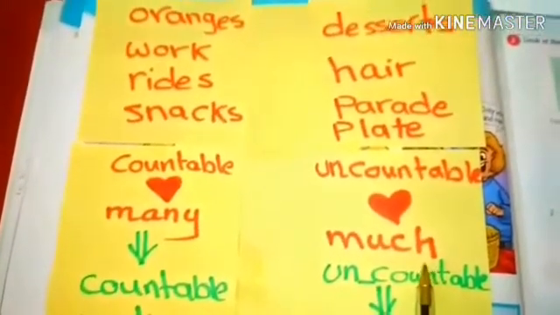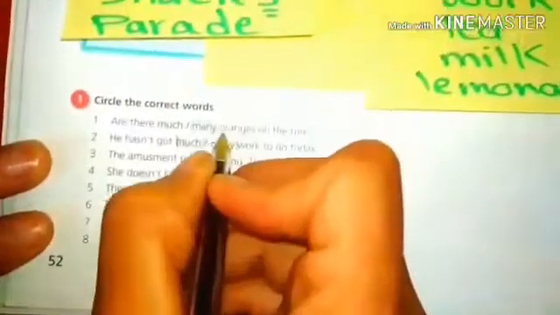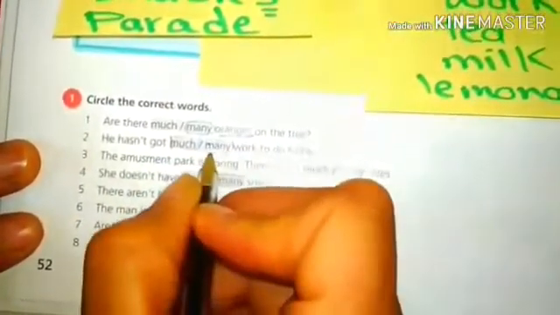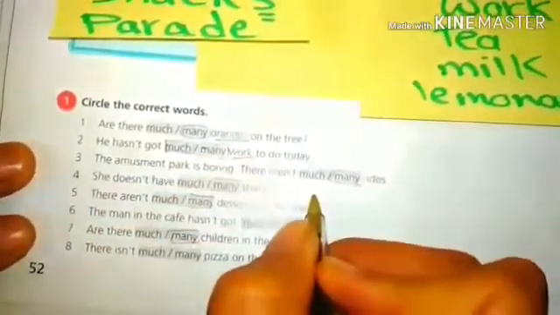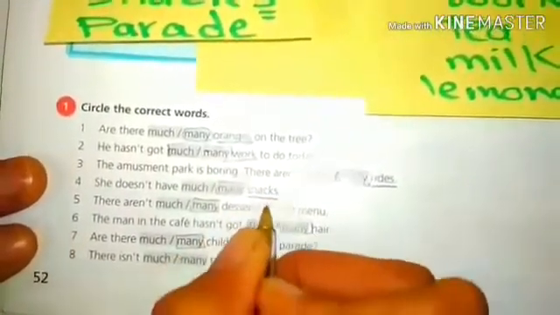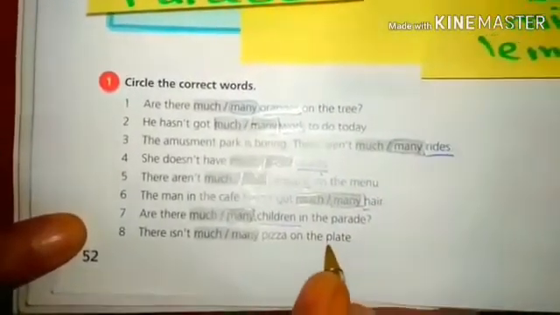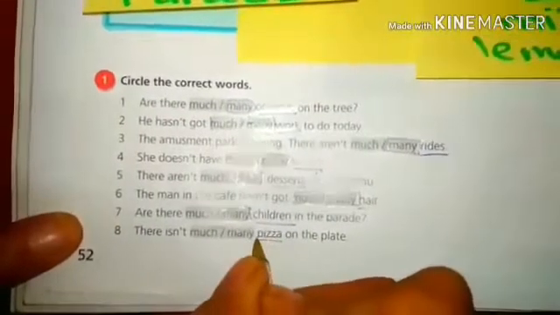Step number 1, to answer this exercise, we should underline the nouns in these questions, like oranges and work, rides, snacks, desserts, hair, children, pizza.